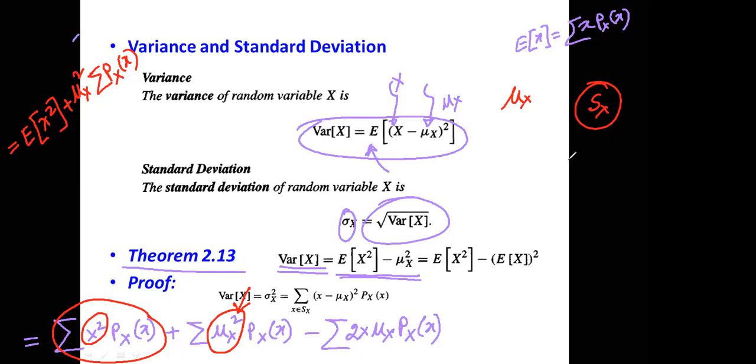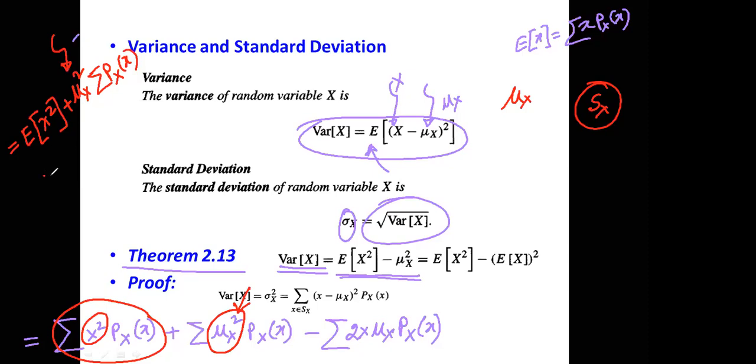No, sir. If the boundary is fixed, then mu x is also fixed. Definitely, the boundary is fixed. You must have a universal set, you must have a sample space. So this mu x is a fixed value, and then we can take it out like that.